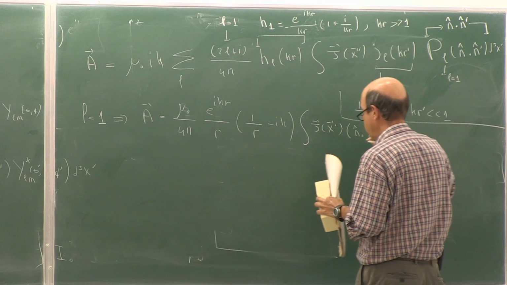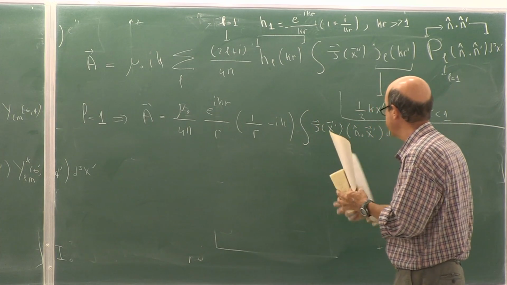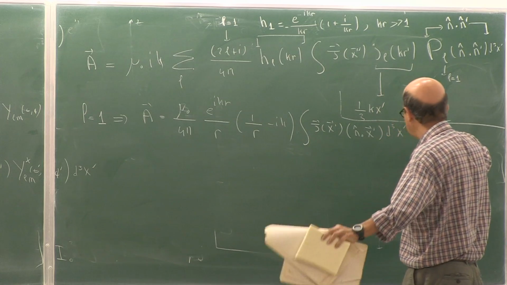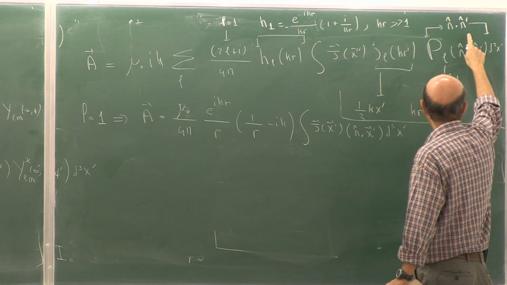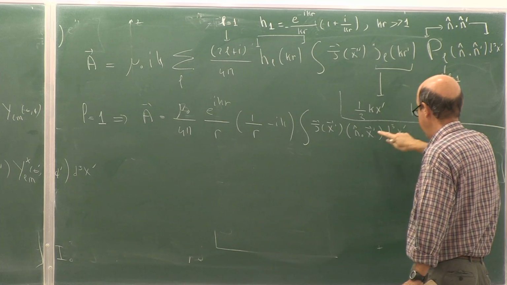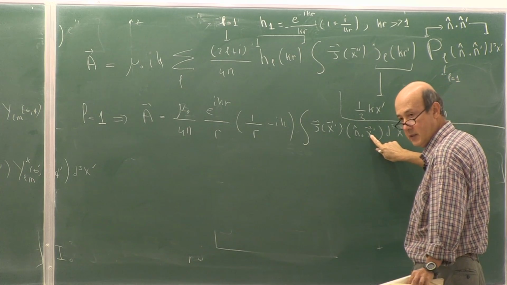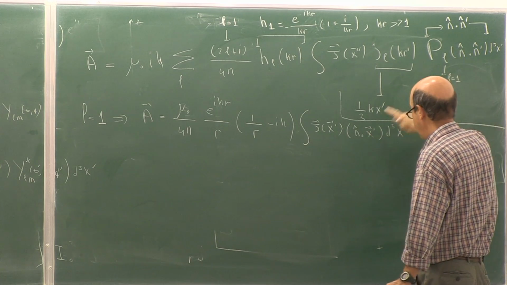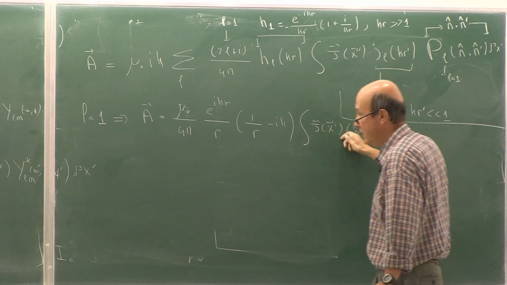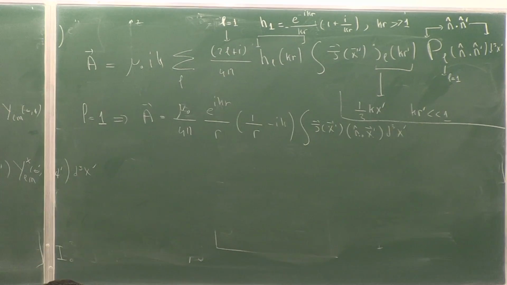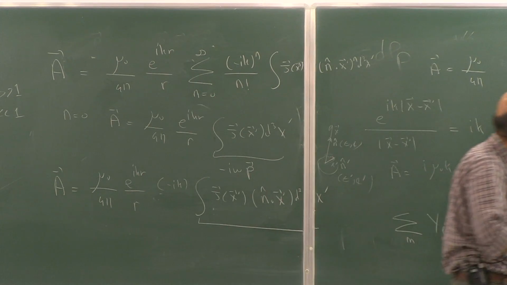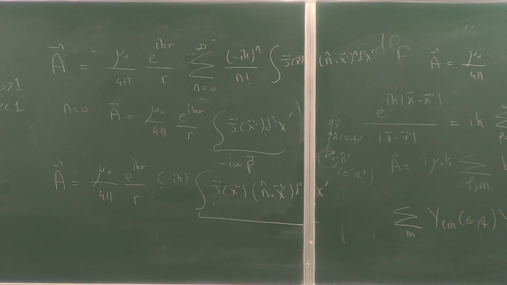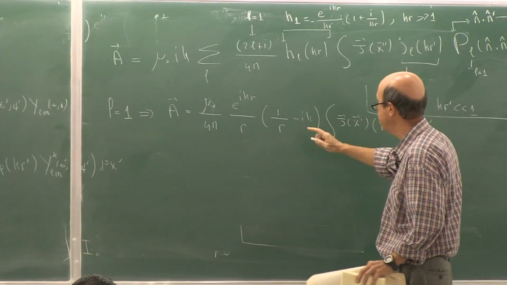I know that you lost track, but let us look at the integrand first. You have x prime, n prime, this is the x prime vector. You have n hat, you have the current density. Is this term here? Yes, exactly identical. If you multiply the coefficients, you will get this.